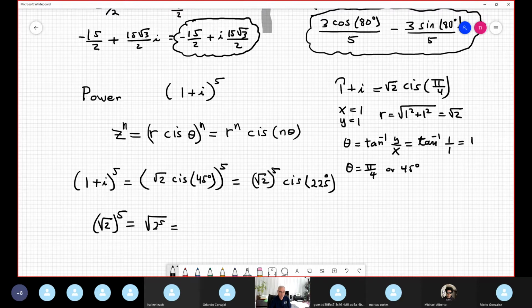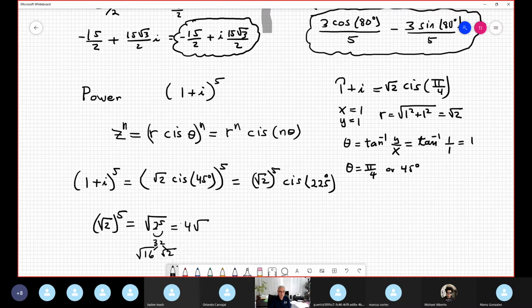To simplify any root, of course you try to find the even powers. 2 to the 4th power is 16, and times 2, so the 5th power is 32. Another way to see it: 32 is 16 times 2, and the square root of 16 is 4.